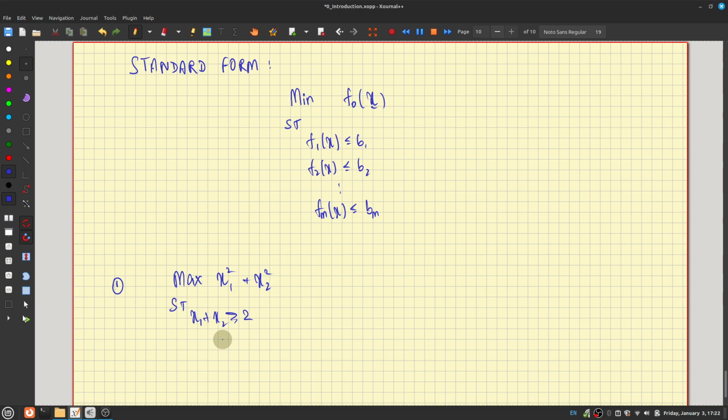Some optimization problem. Maybe also x1 minus x2 less than or equal to 1. Can you bring this optimization problem to standard form?